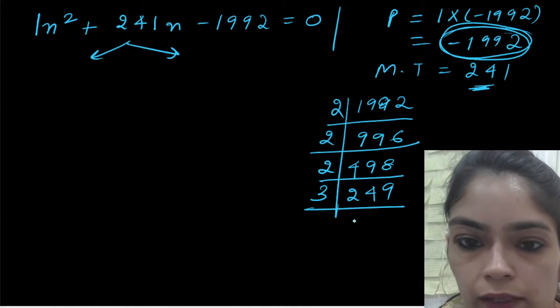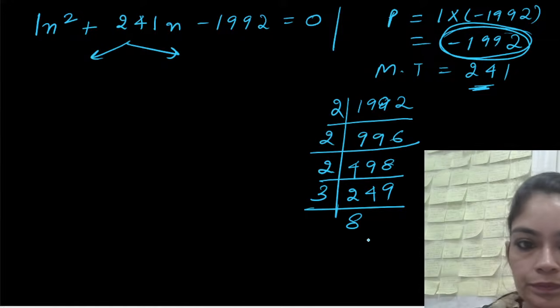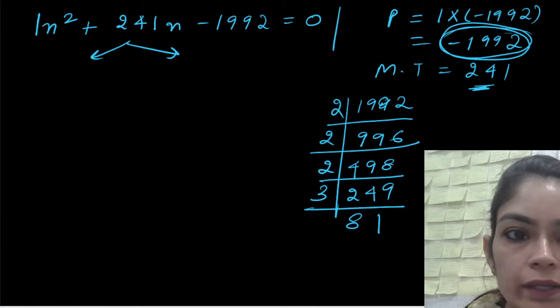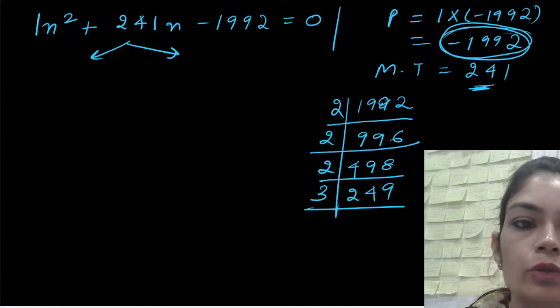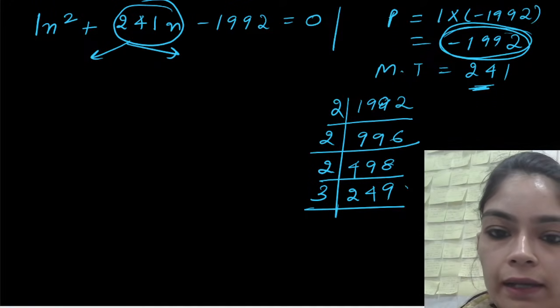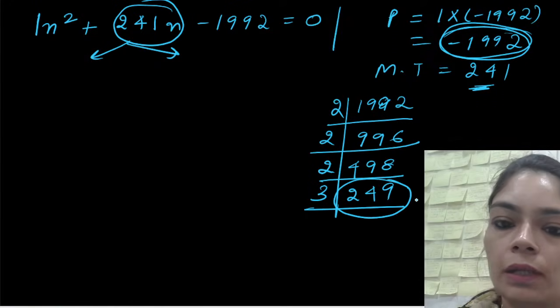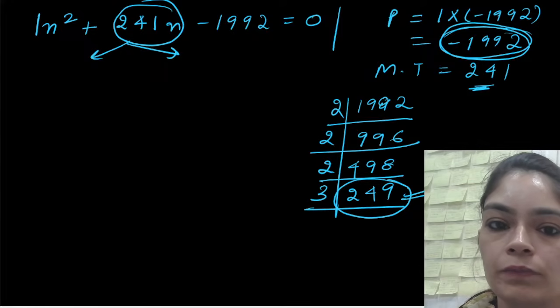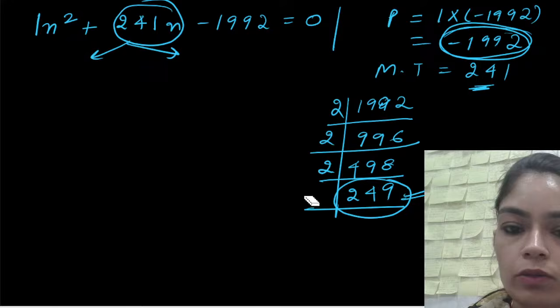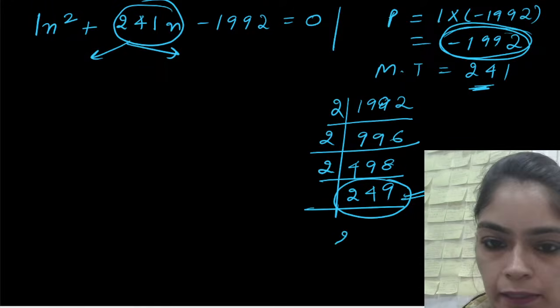So this I have done. Always when you are doing prime factorization, you see this is 241, and I have seen the close number here, 249.